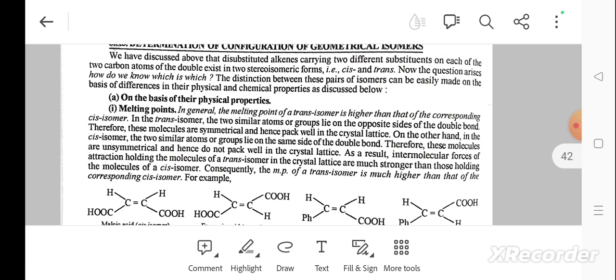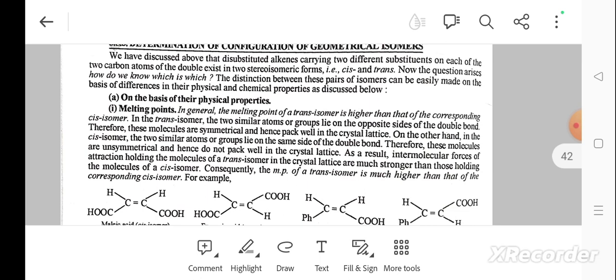On the basis of physical properties, melting point: in general, the melting point of the trans isomer is higher than the corresponding cis isomer. In the trans isomer, the two similar atoms or groups lie on opposite sides of the double bond. The cis isomer has two similar atoms or groups lying on the same side of the double bond.